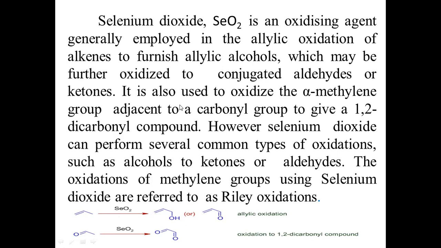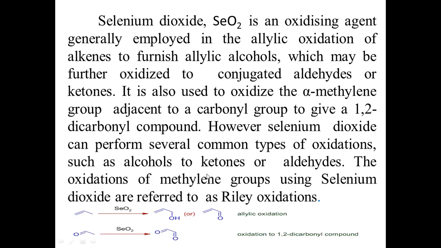So it is also used to oxidize the alpha methylene group adjacent to carbonyl groups to give 1,2-dicarbonyl compounds. This is a carbonyl molecule. So this is the alpha methylene group of this carbonyl molecule. When this molecule reacts with selenium dioxide, you get 1,2-dicarbonyl compounds.